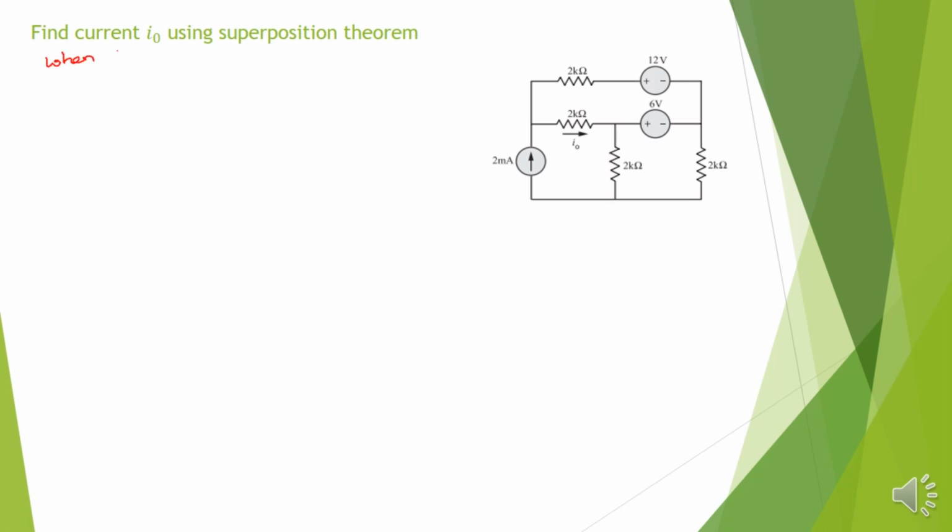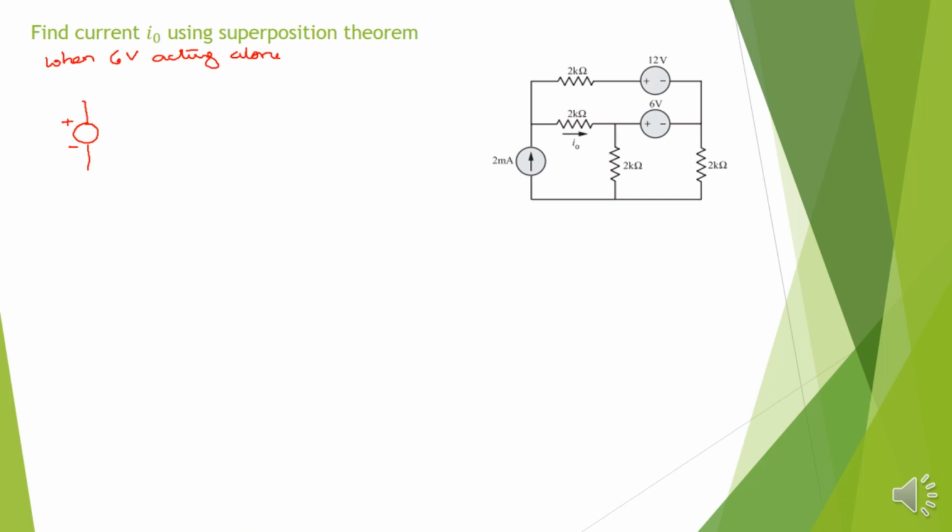So when 6 volt is acting alone, the current source becomes open and the voltage source becomes short. So if I redraw this, this is the 6 volt, plus minus.